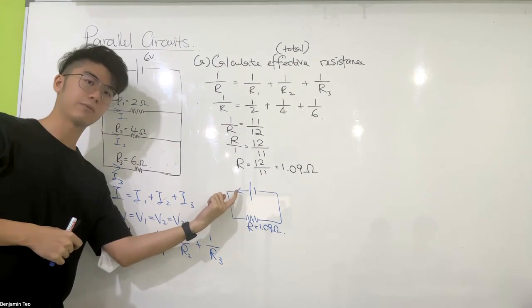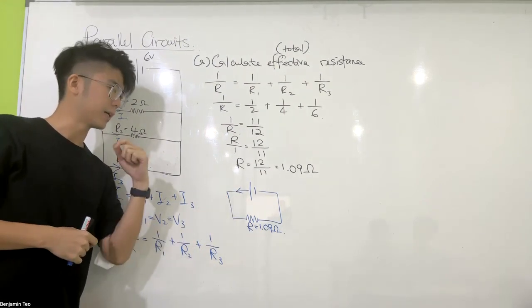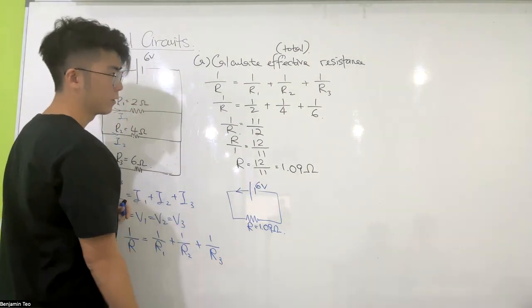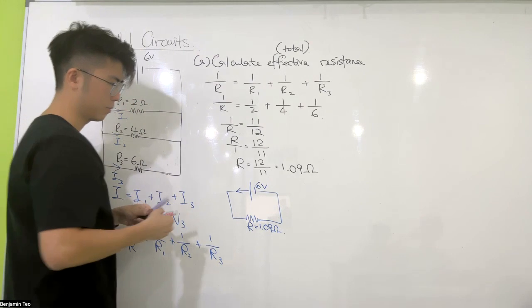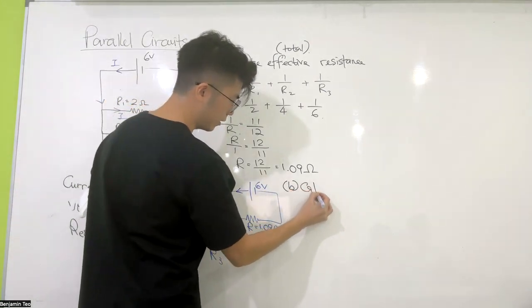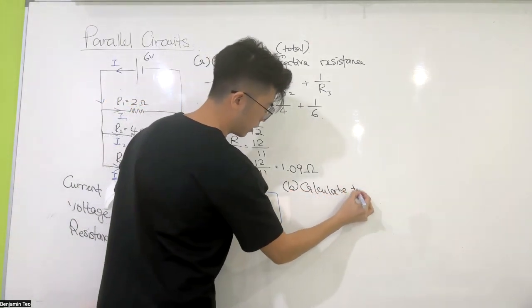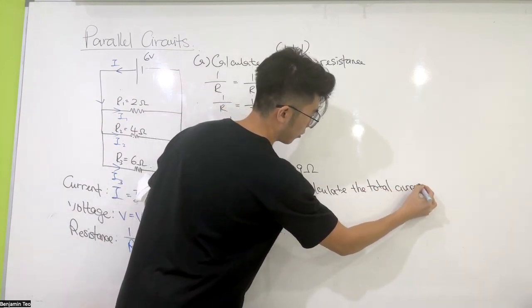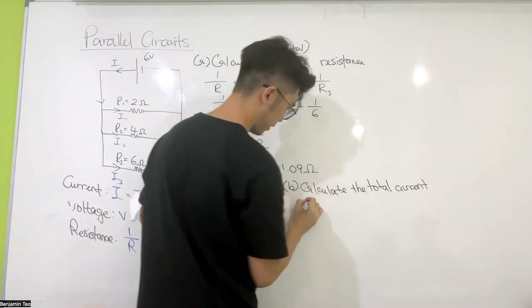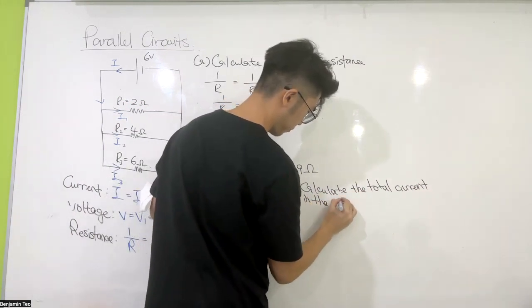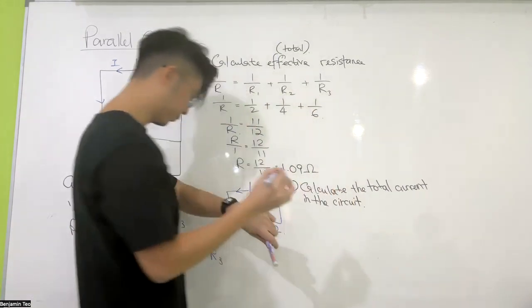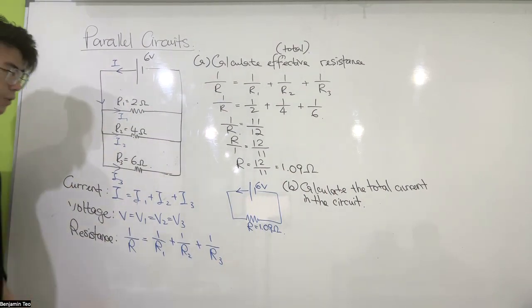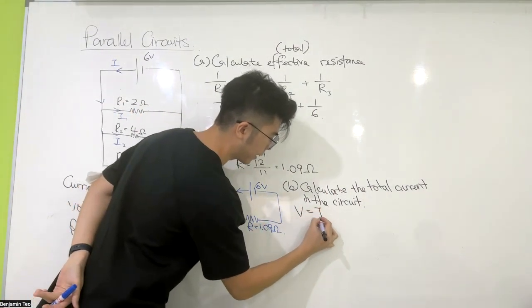Can we calculate what value of current this is? Yes, because we got this 6 volt. Okay, so that comes to B. Calculate the total current in the circuit. Total current in the circuit. So I'm going to do V equals IR.